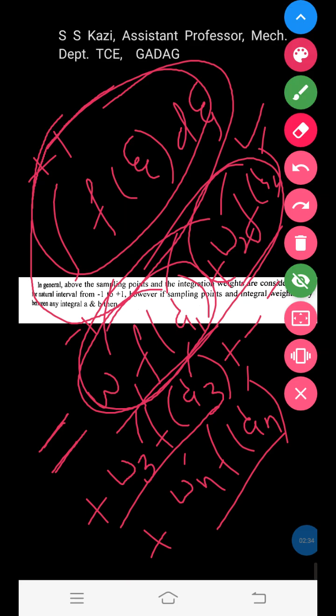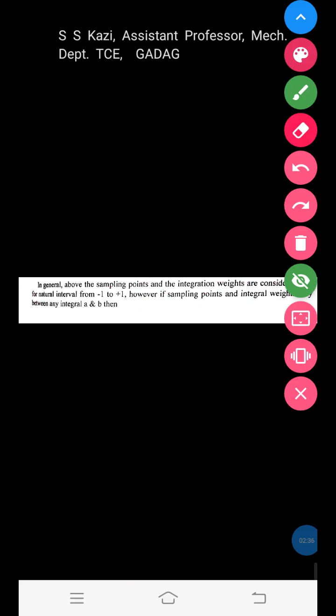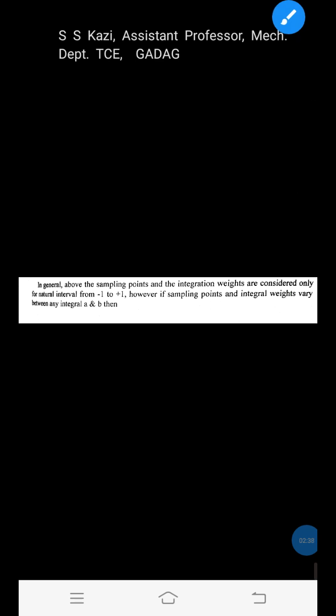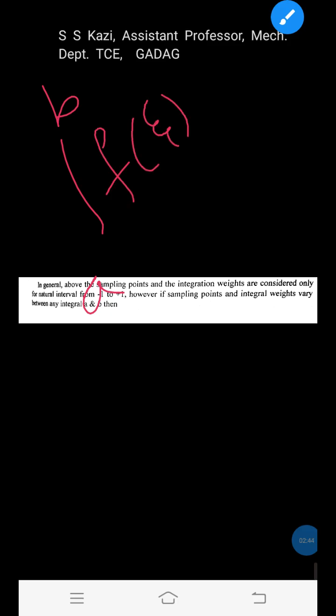Now we will discuss how to evaluate the given integral of the form from a to b f of zeta d zeta. This given integral, between the interval a to b, upper limit b, lower limit a, f of zeta d zeta, can be integrated using Gauss integration method.